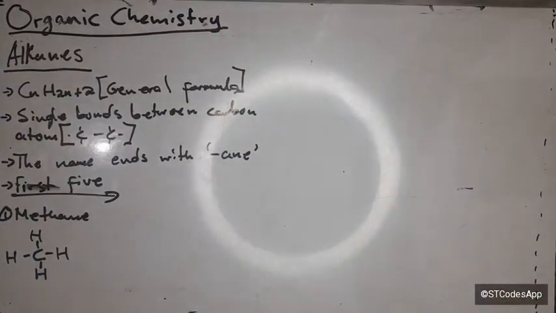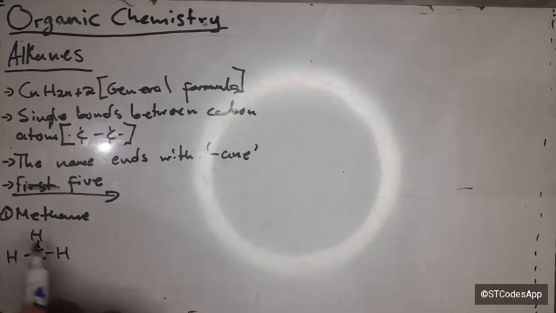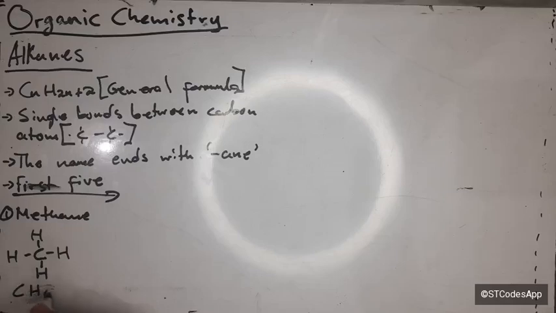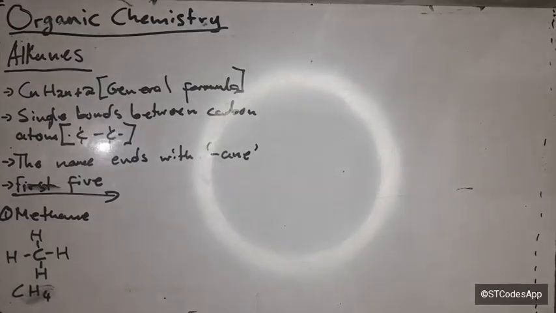They make a very huge sense. Anyways, this is methane. It's CH4. This is the structural formula, remember? The molecular formula is C and H4. That's the molecular formula, and this is the structural formula.